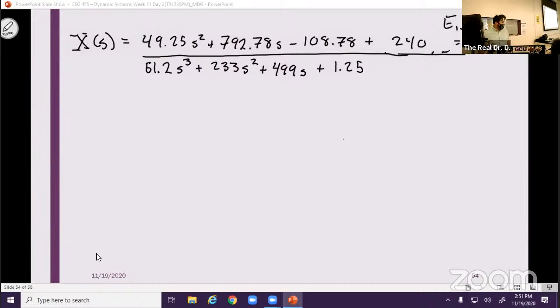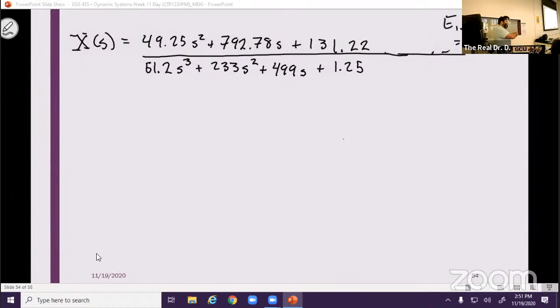Now we've got this, and that would help us simplify because negative 108.78 plus 240 would change this to 131.2.